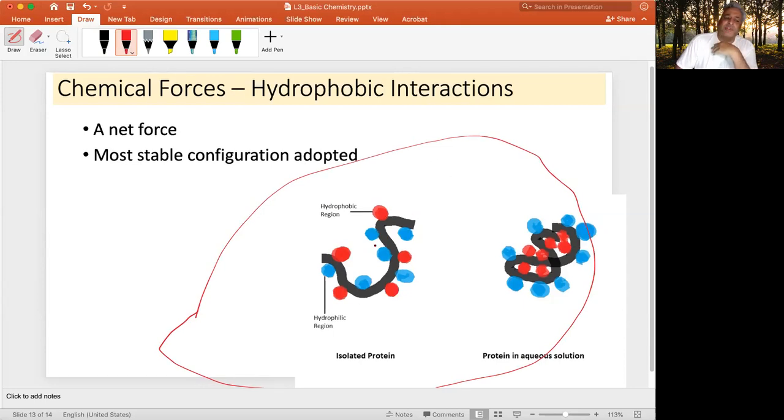Now, along the surface of the molecule, you have areas that mix with water because they're made of polar covalent interactions. And you have other regions, like in red, that are made of non-polar atomic interactions. So these red areas, they don't like charge. The blue areas, they love charge.